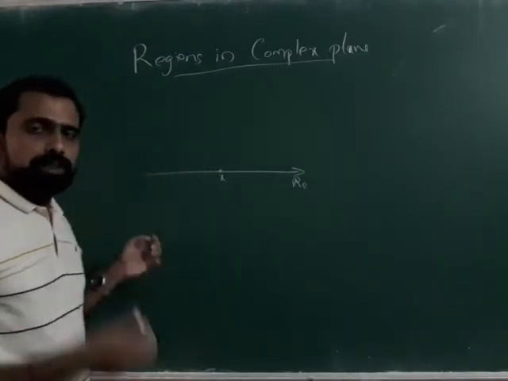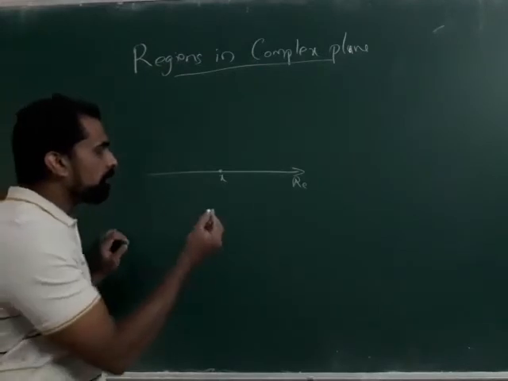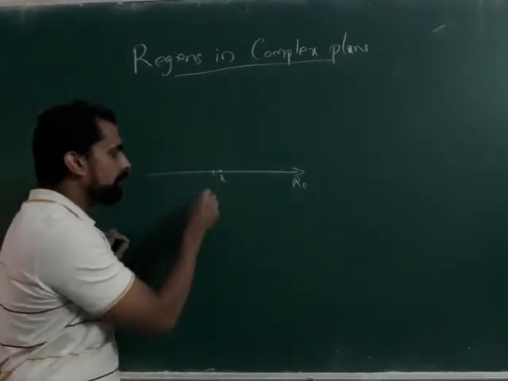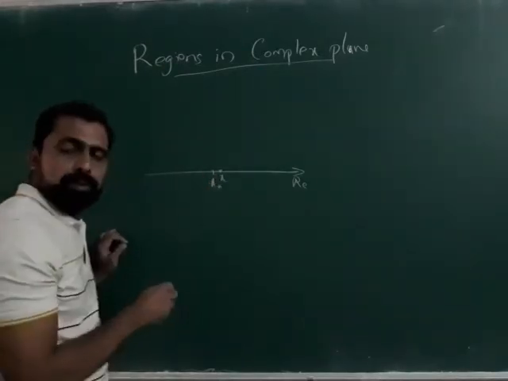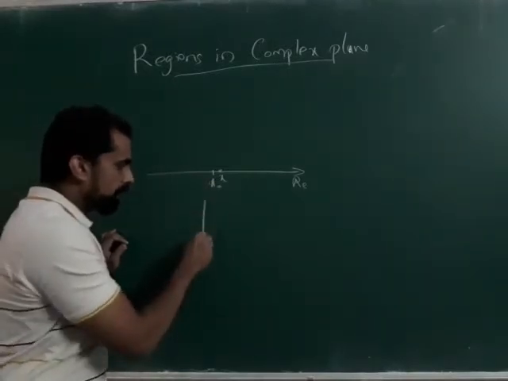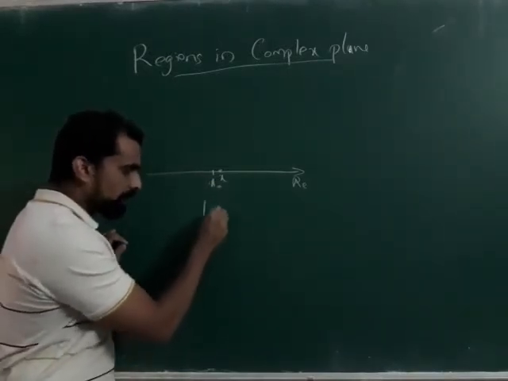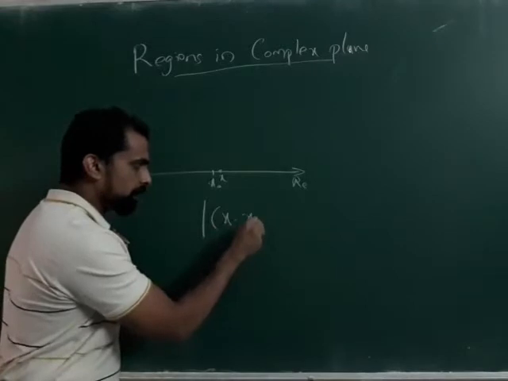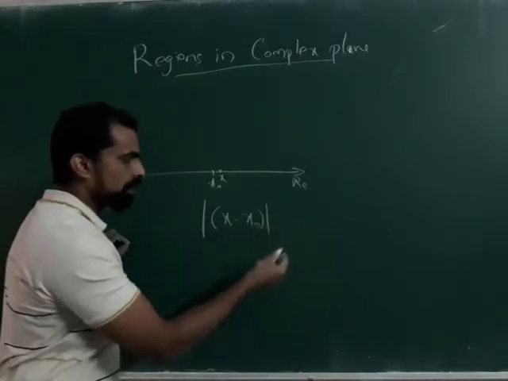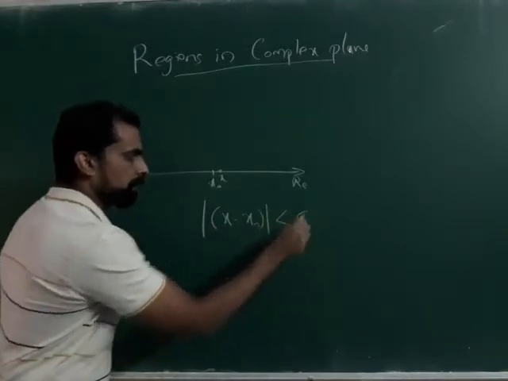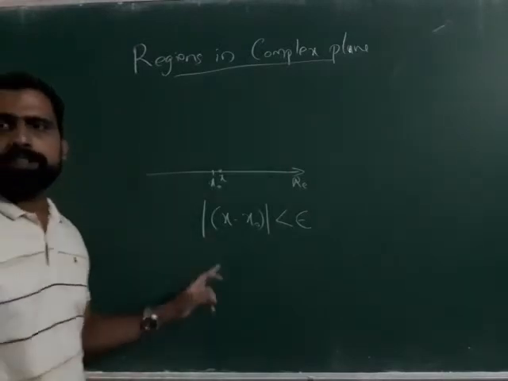So if you have another point, let it be x0, with the condition that mod x minus x0 is less than epsilon. What does it actually mean?